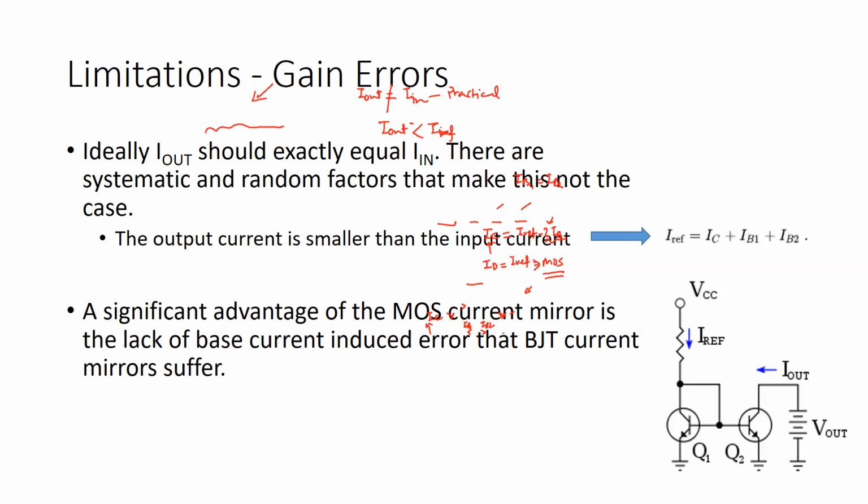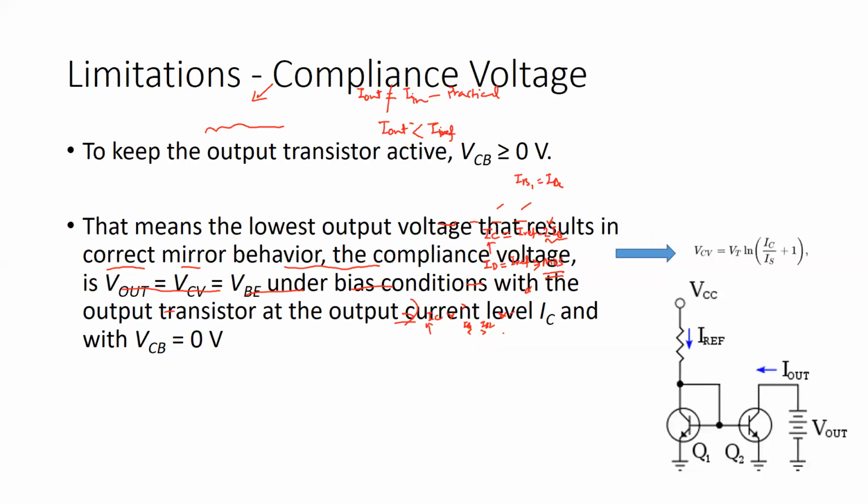That's why I said the significant advantage of the MOS current mirror that we will see in future modules is the lack of base current induced error. Because of the base current in the BJT current mirror, you have some error.